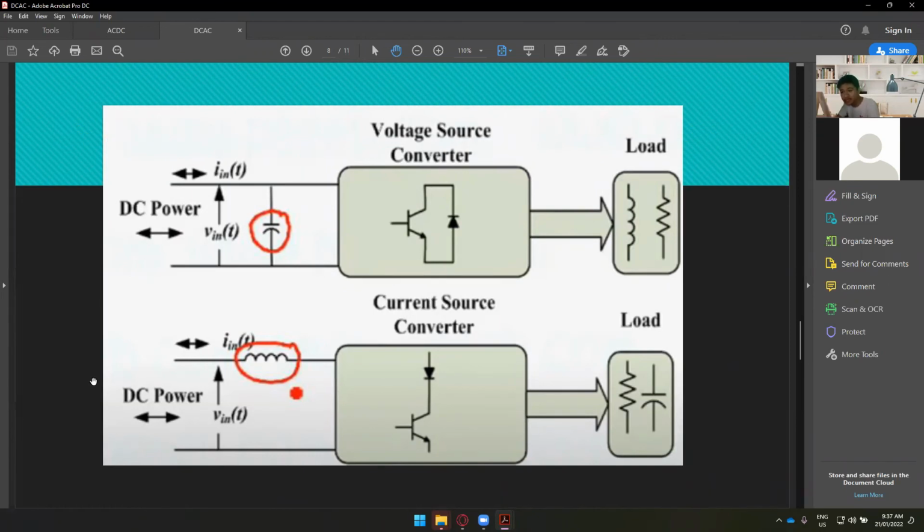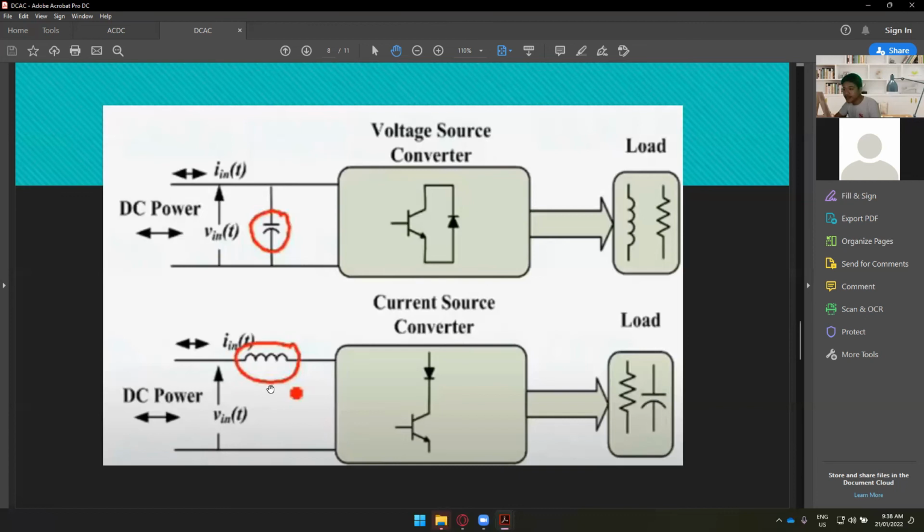From DC to AC, if you need to convert the voltage, you'll need a capacitor, which is in parallel with our voltage input. And if we need to convert a DC current into an AC current, then you have to use an inductor, which is in series with our voltage input.